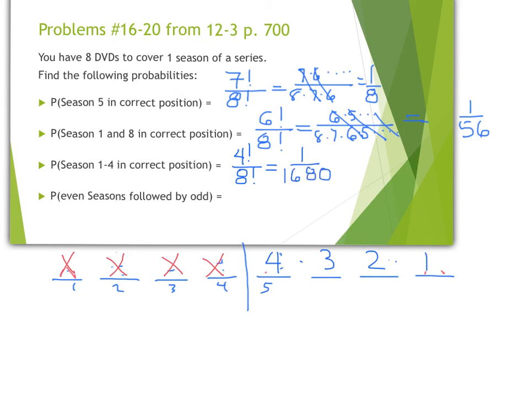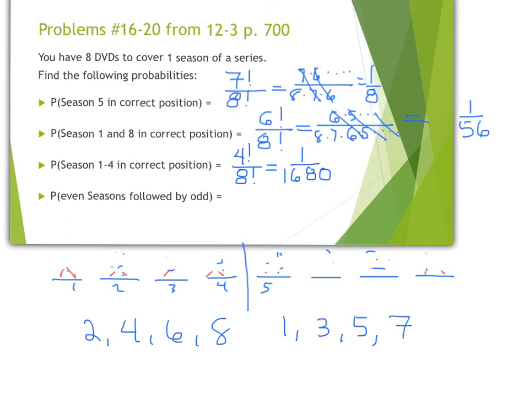And then lastly, we have the probability of the even seasons followed by the odd. So let's get rid of this and see how this would work. Okay, so the even seasons, that's going to be your 2, 4, your 6, and your 8, followed by the odd, which would be your 1, your 3, your 5, and your 7. So how many different ways can I permute these?